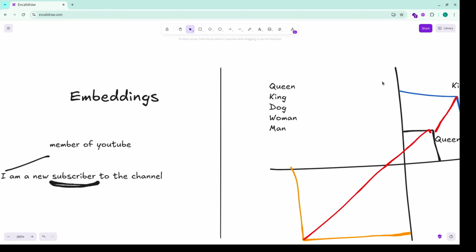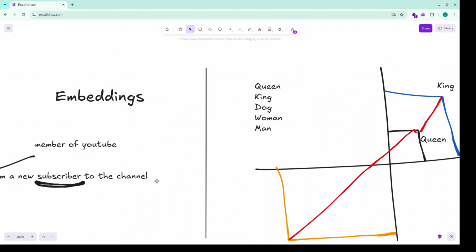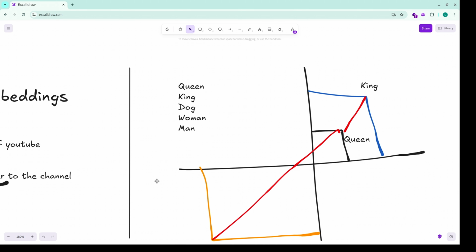So you can do a simple distance check from "member of YouTube" to "subscriber". This is actually sentence embedding. You see that "member of YouTube" in my space is kind of close to "subscriber", so maybe the person is trying to search for subscriber. So that's the whole concept of embedding.